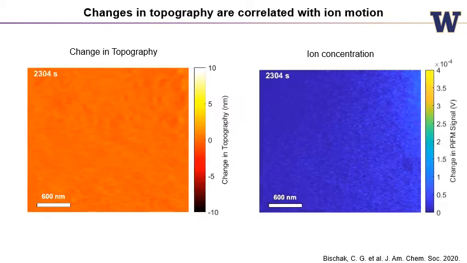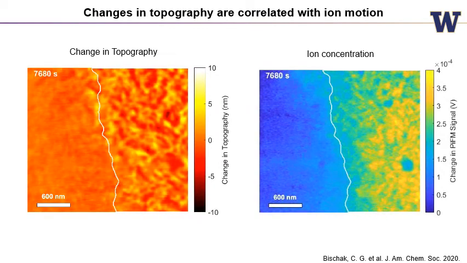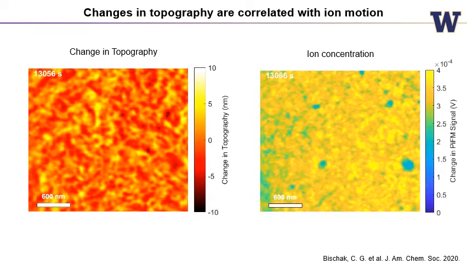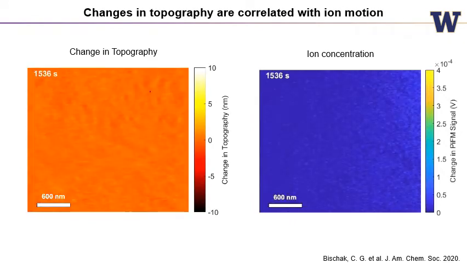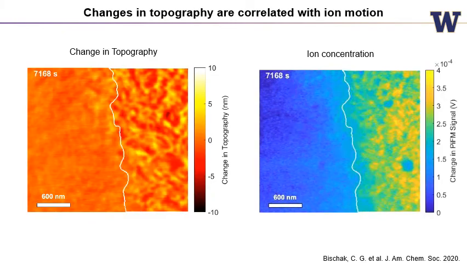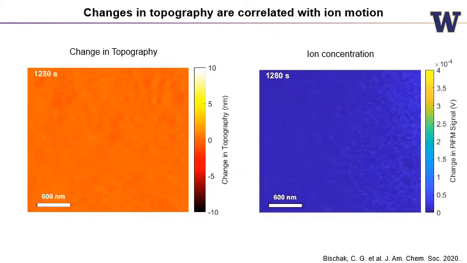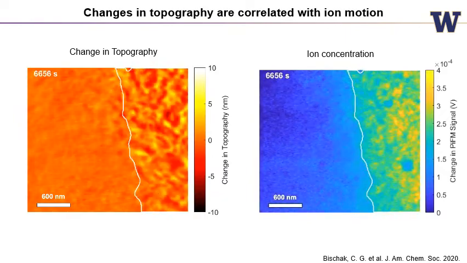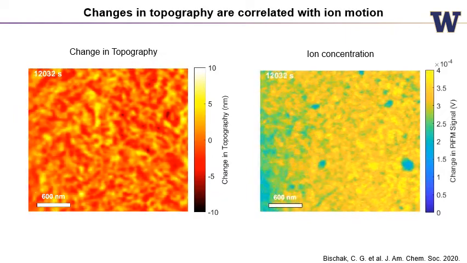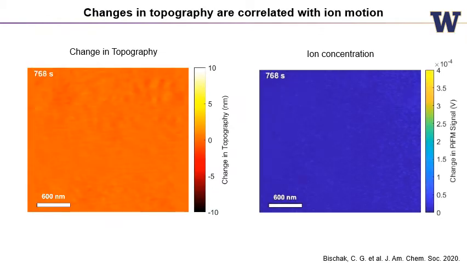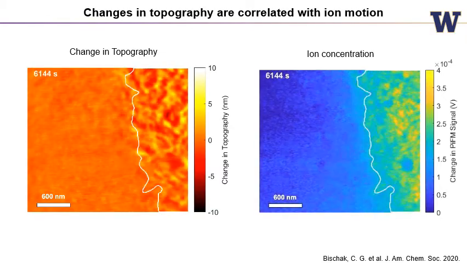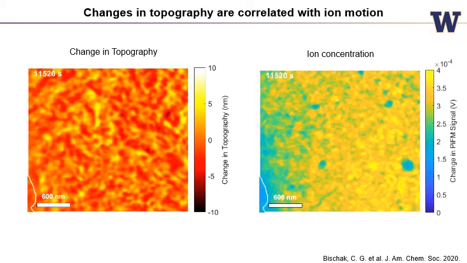If this movie plays, now you can see that there are major changes, both positive and negative, in the topography as this ion front moves through the film. This was really exciting to see because we could get a nanoscale picture of how ions move through soft materials like this PB2TEG polymer.